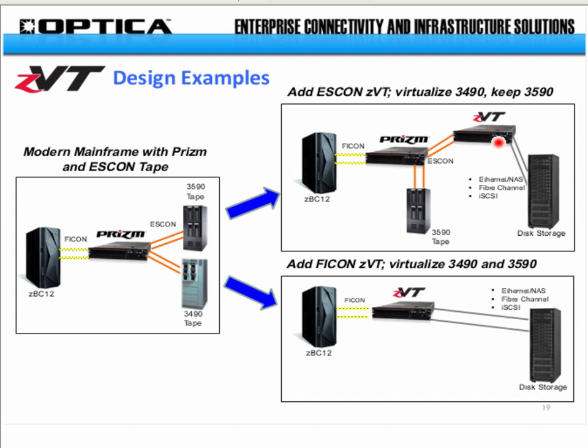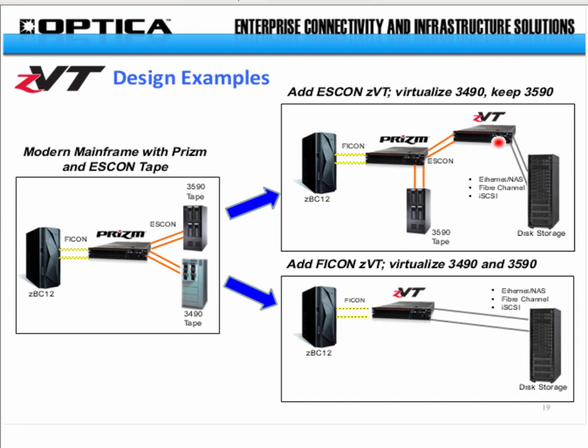With the zVT, we have this flexibility to incorporate Prism and design multiple scenarios where you could have a legacy mainframe with SCON connections, or you could have a modern mainframe with ICON connections and put a Prism in, still keep your SCON tape drives.